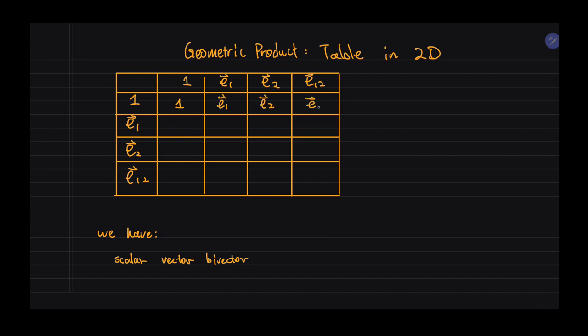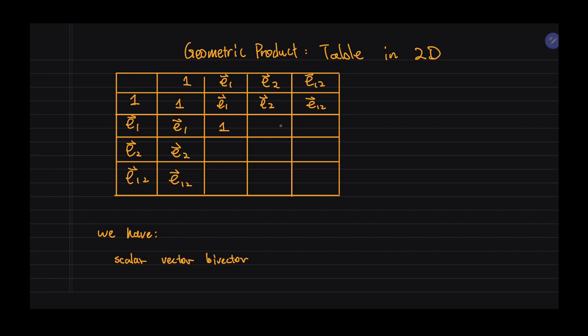And it's still E12. And this will be the same here, and the geometric product from E1 to the scalar 1 is just E1, and that is not hard. The same story here. And the geometric product E1 E1, we use the scalar square property. Then because they're orthonormal basis, it's 1.